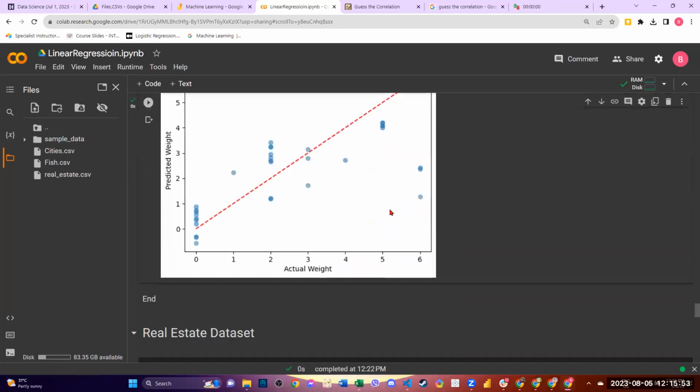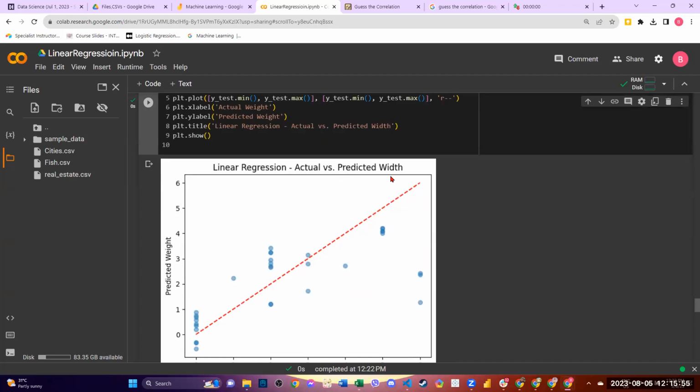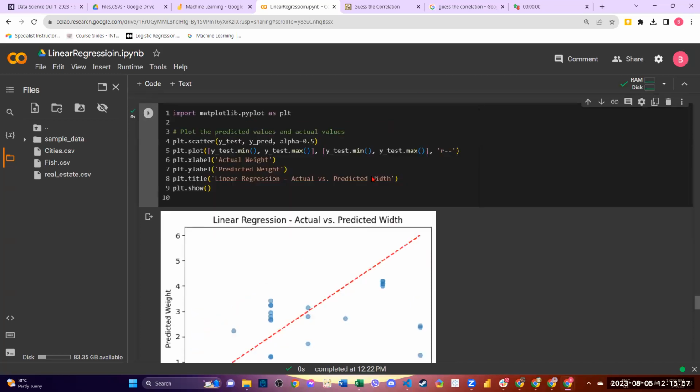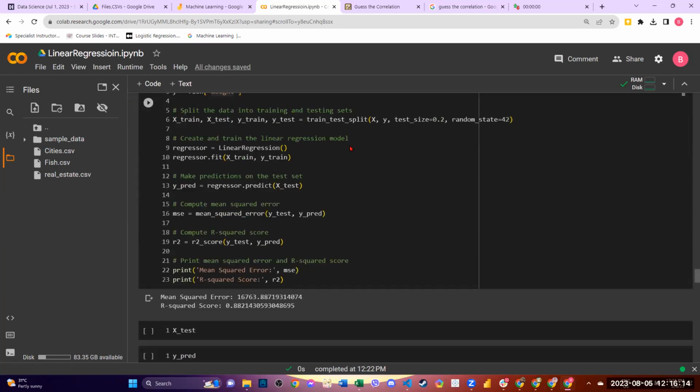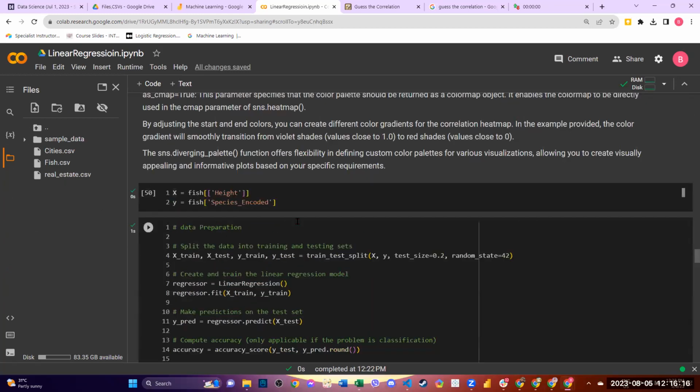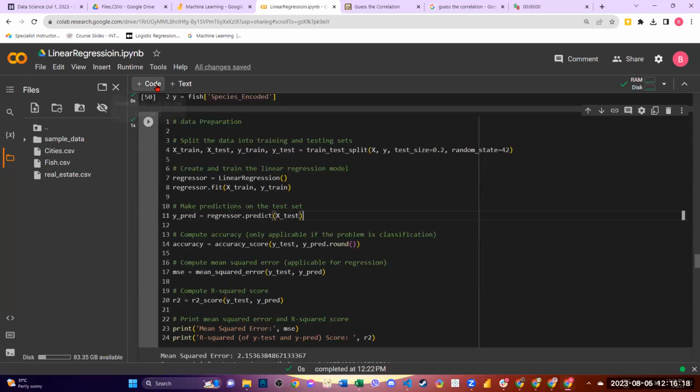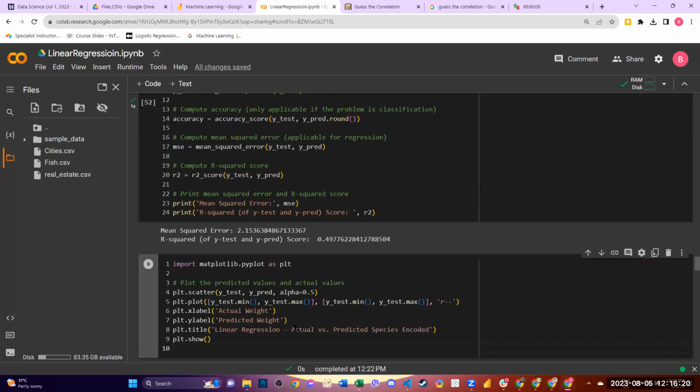Okay. So this is for the, it's not the width, it's the species. So let me just copy this one and then place that just below the species encoded.